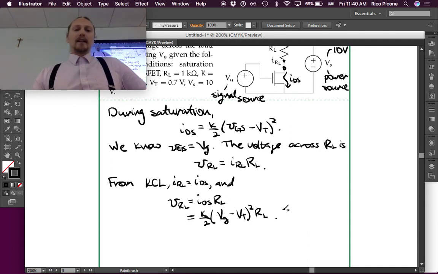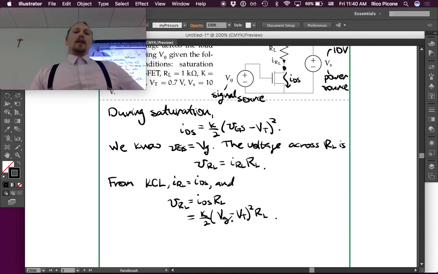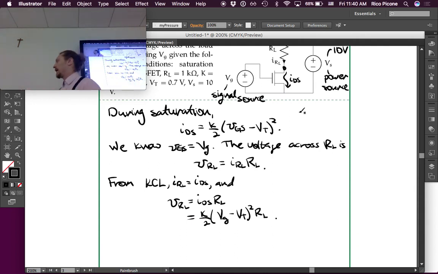So in a sense, we're done. We've solved for the load voltage in terms of things that we know, including the signal source voltage VG. So we could plot it already, for different values of VG. The only issue is that we don't know the range of VG for which we're in saturation.